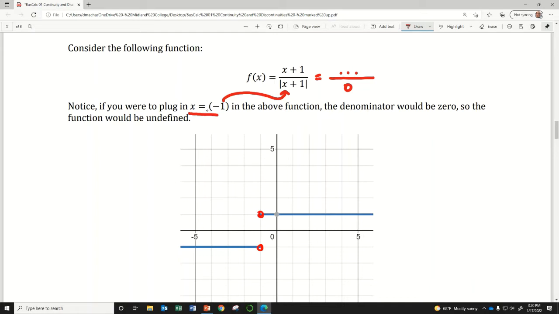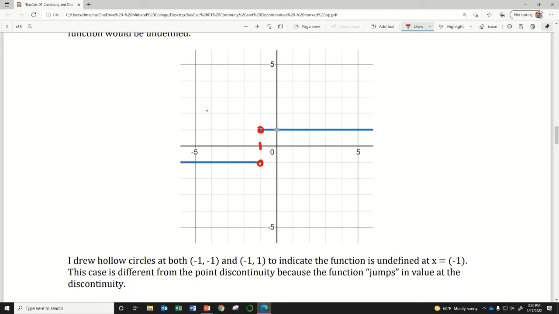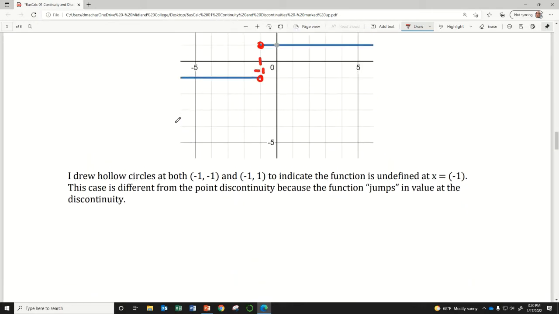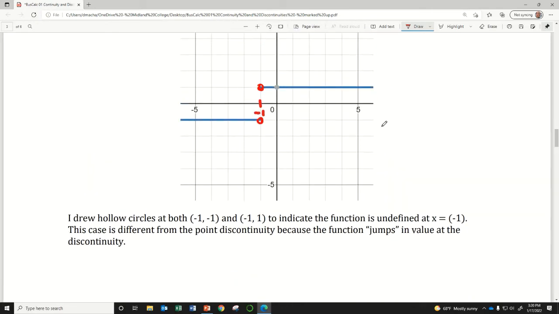So here, when x is -1, I'm drawing two hollow circles here, just to demonstrate that my function doesn't actually take on any real value when x is equal to -1. Now this is different from the point discontinuity because here, in this example, we see that the function jumps in value at the discontinuity.